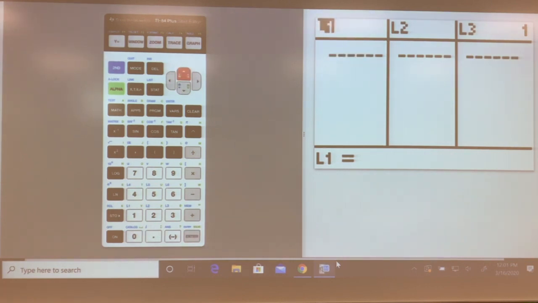Okay, the first thing you do is go to L1. So get to L1, and all I want you to do is simply type in all the possibilities. When a tennis player serves 10 times, you're going to type in 0, 1, all the way to 10.